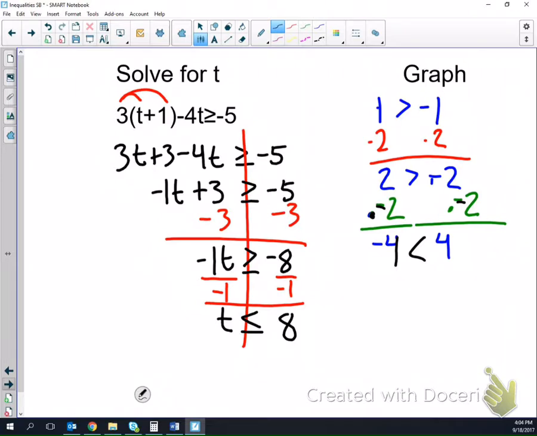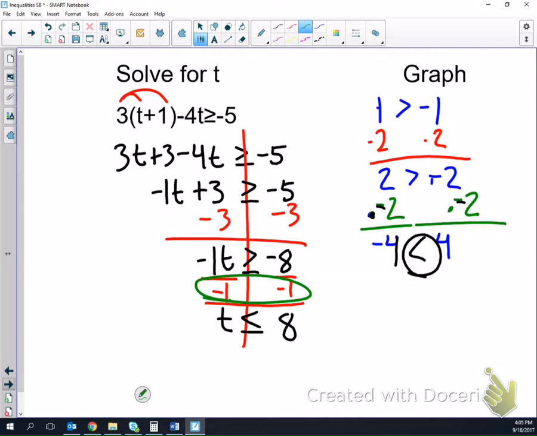Because of that reversal, all of the lows becoming highs and the highs becoming lows, we need to reflect that in our inequality symbol. And you'll notice that's exactly when I did it too. We had divided by a -1. That's going to cause that reversal, where negatives become positives and positives become negatives. And so I flipped that inequality.